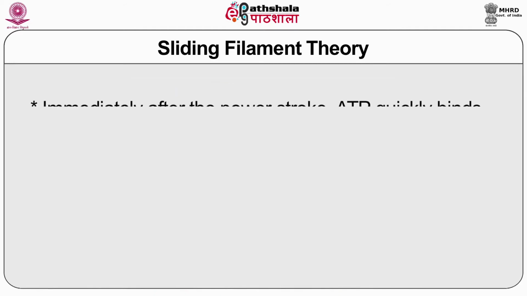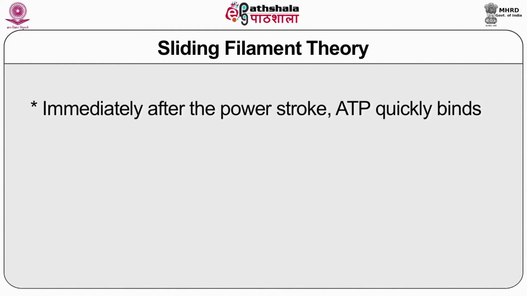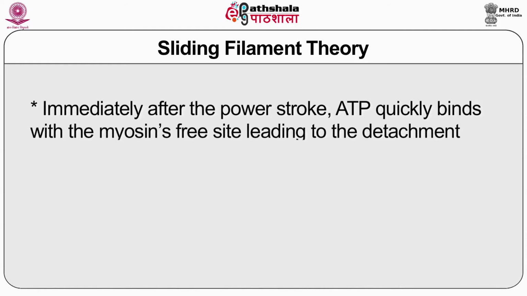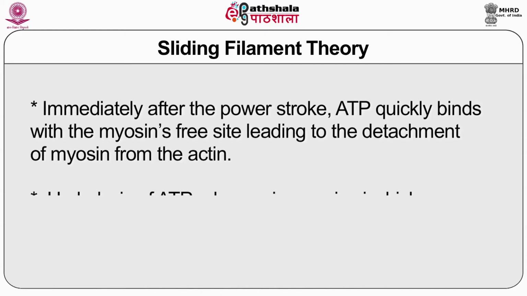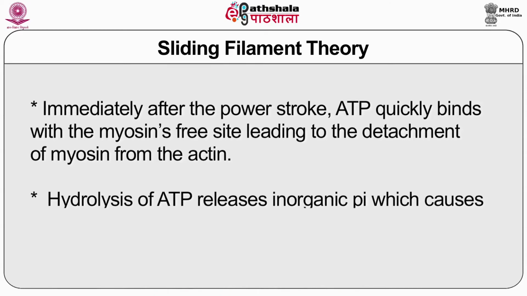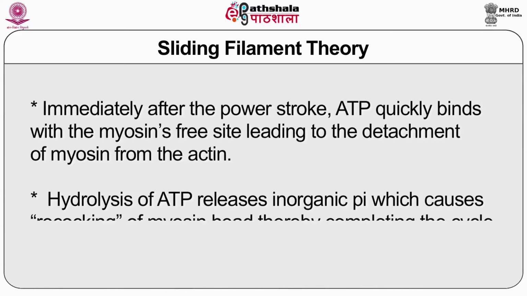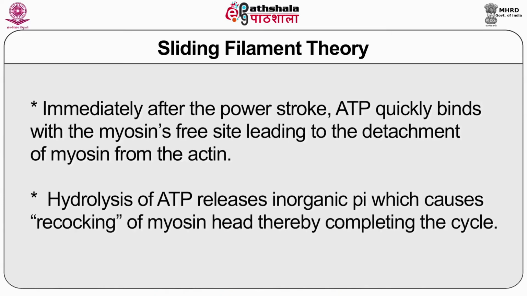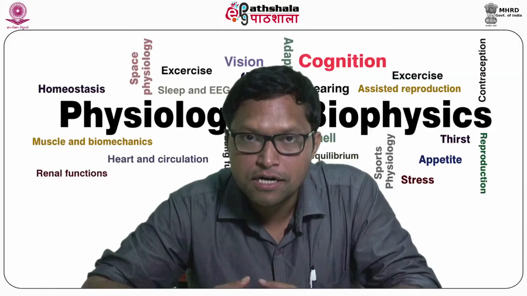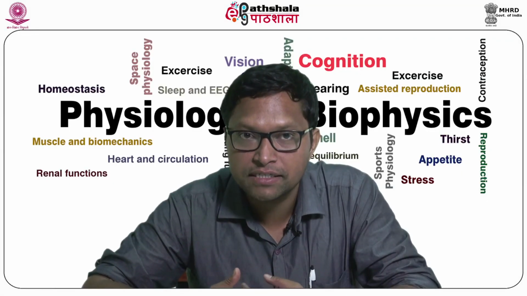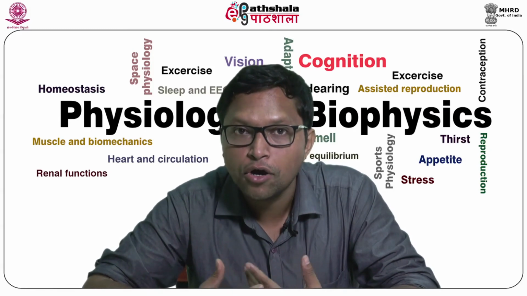Now, immediately after the power stroke, ATP quickly binds with the myosin's free site, leading to the detachment of the myosin from the actin. Now, the hydrolysis of ATP releases inorganic phosphate, which causes recocking of the myosin head, thereby completing the cycle. Now, the sarcomere contracts by 10 nanometers during each contraction.